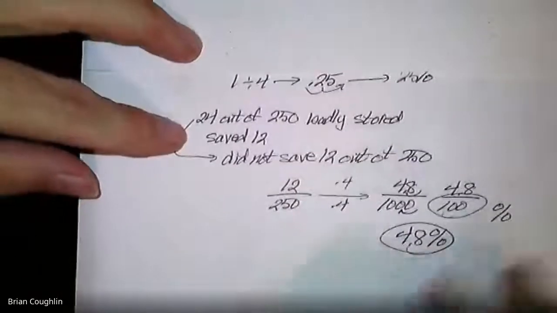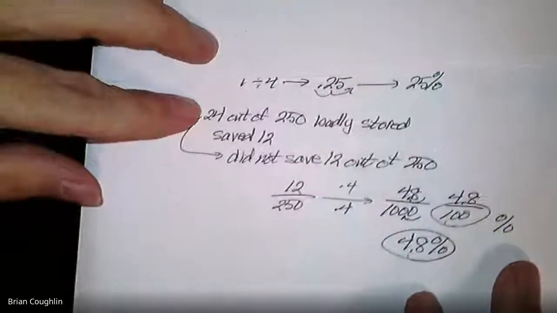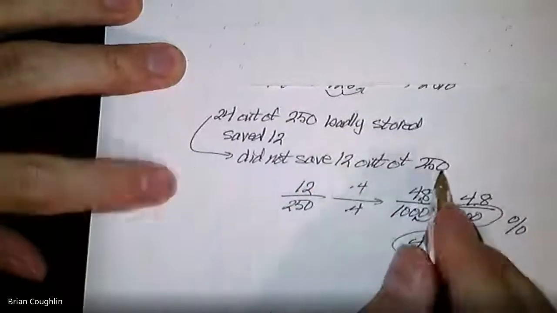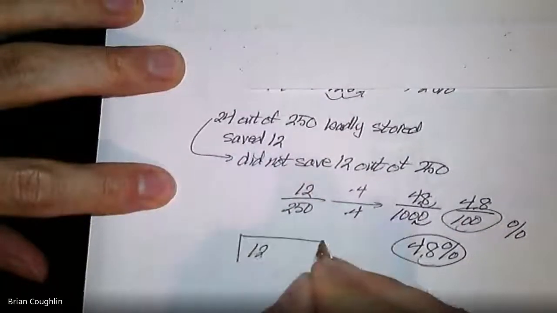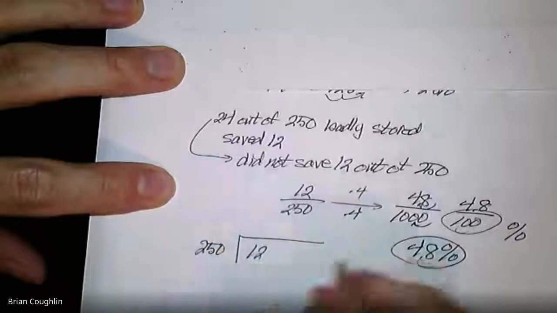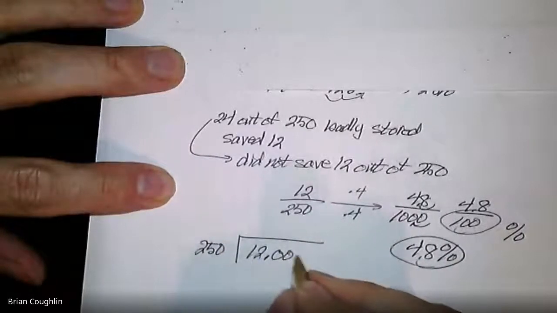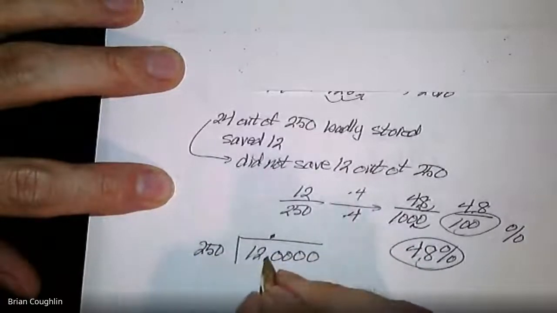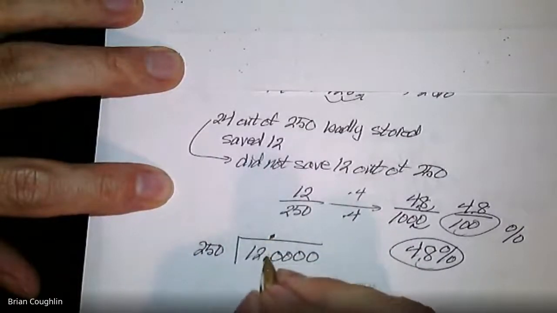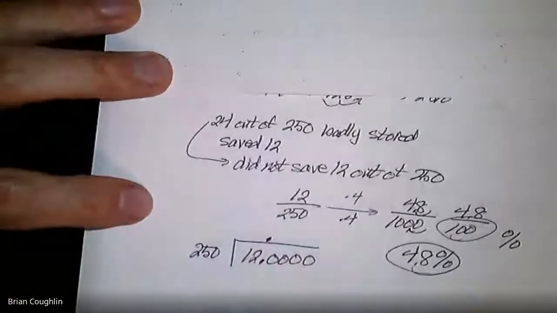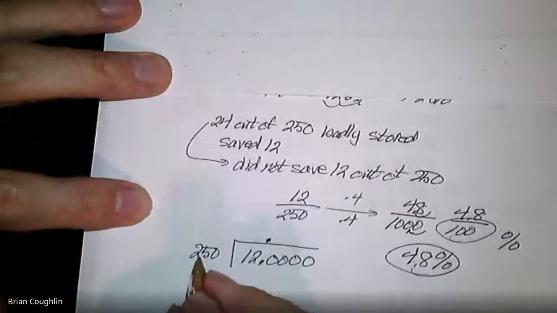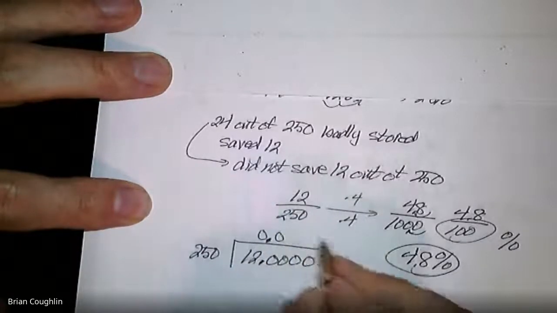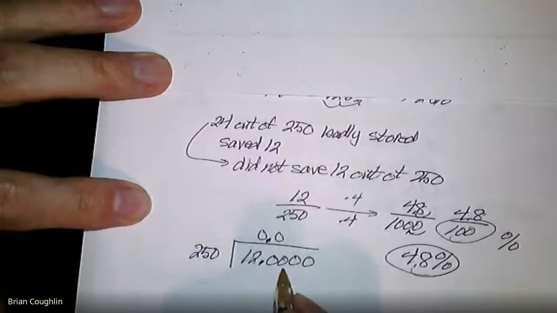Let me show you the long division, because I promised you I would. Hopefully everybody agrees that she did not save 12 out of the 250. So that means we have to take 250 and divide it into 12. That means put an extra few 0s and a decimal point here. By the way, when you divide by decimals, always put this decimal directly above the one that's in the dividend here. So 250 goes into 12, nope. 250 goes into 120, nope. 250 goes into 1200, that's possible.